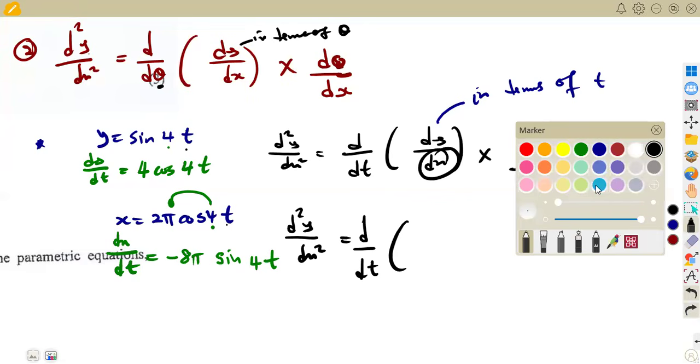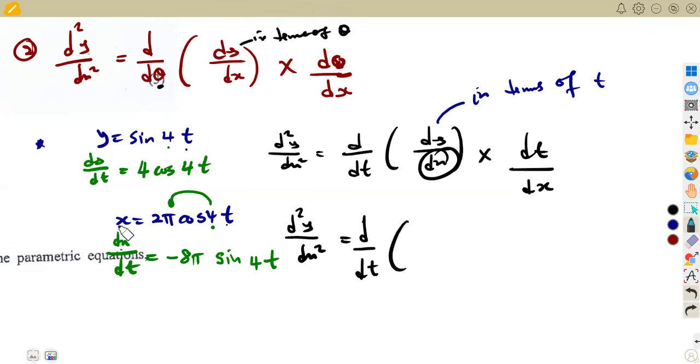We haven't finished here, so we need dy/dx. We find dy/dt and dx/dt. Remember that dy/dx is given by the formula dy/dt over dx/dt.